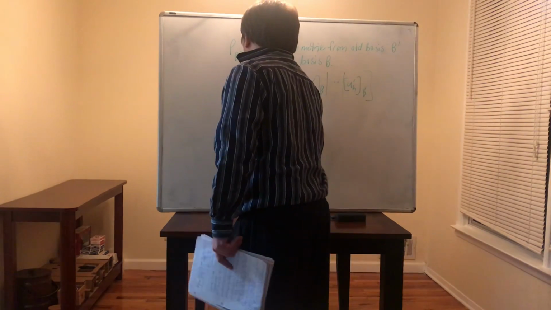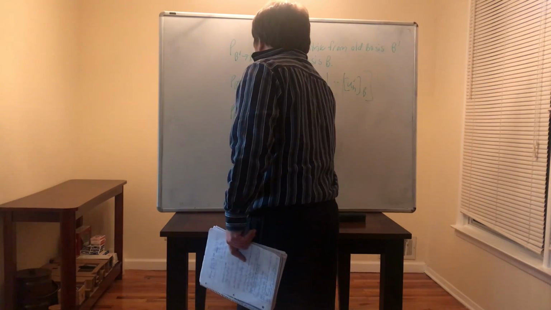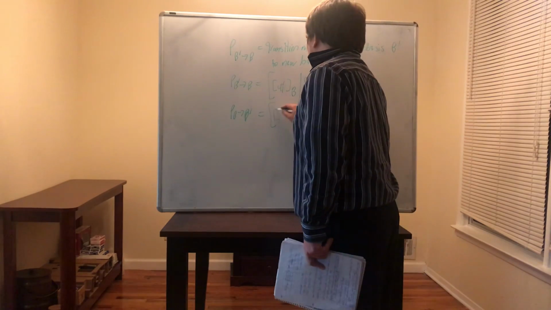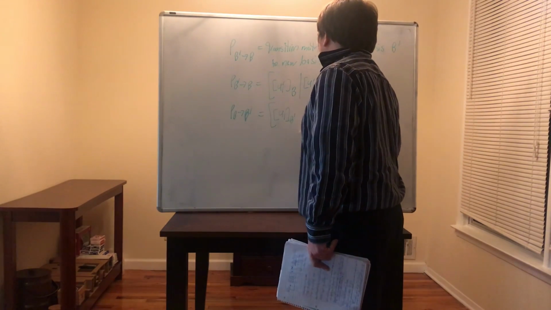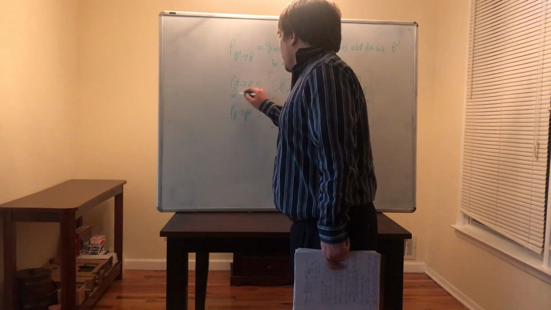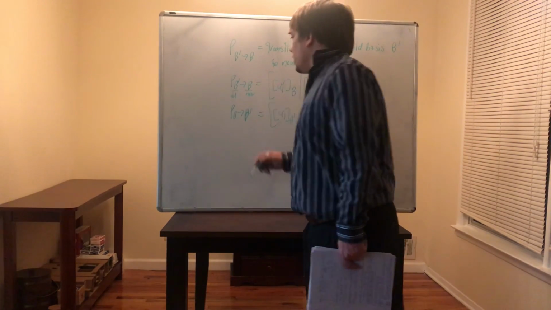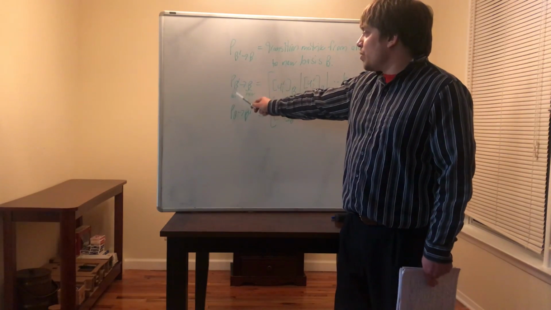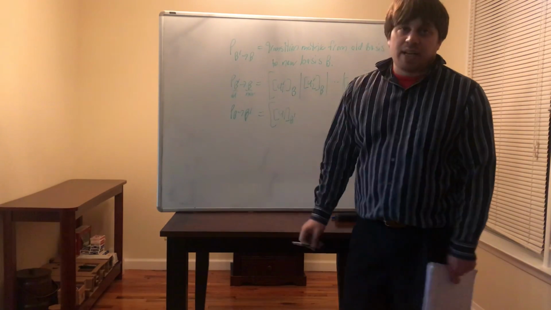And the transition matrix from B to B prime, that's equal to the coordinates of the first basis vector relative to, so this is your old basis here, and this is your new one, right? But it's not by the prime or without prime. The thing to the left of the arrow is the old one, and the thing to the right of the arrow is the new one, right?